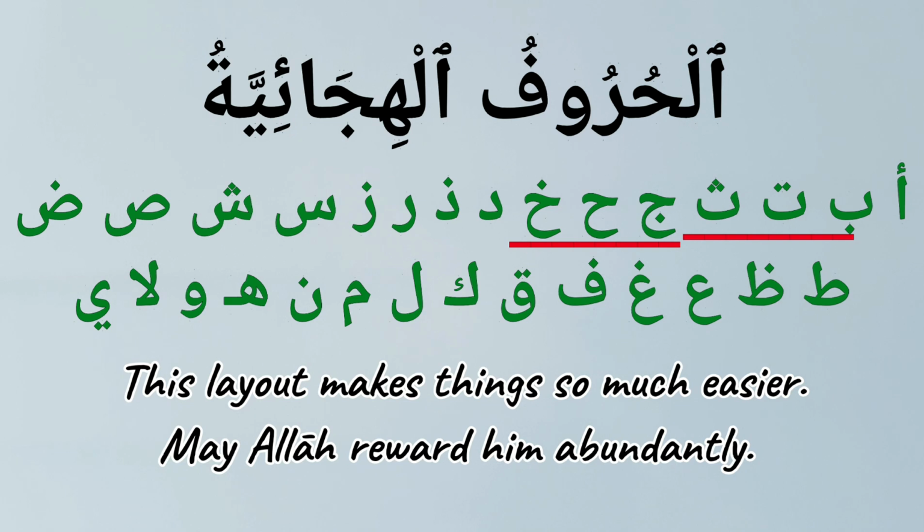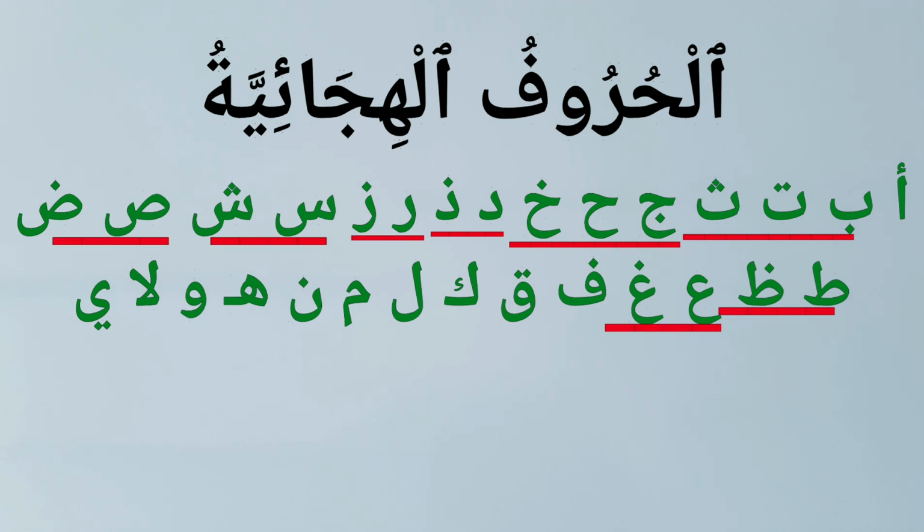Then we have jim, ha, kha next to each other. Then dal, dhal next to each other. Then ra, za next to each other, and so on. So he grouped these letters together according to their patterns and how they look. Those letters which look exactly the same, he put them together. This is the first thing that he did.